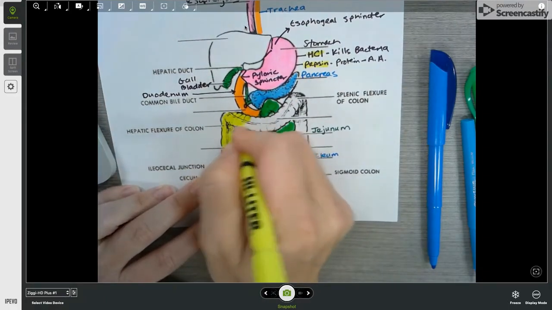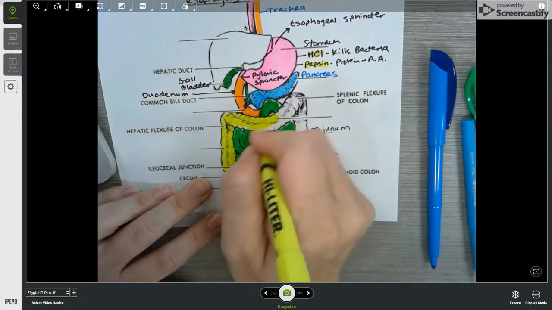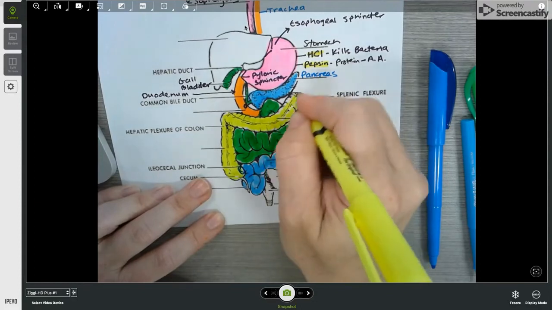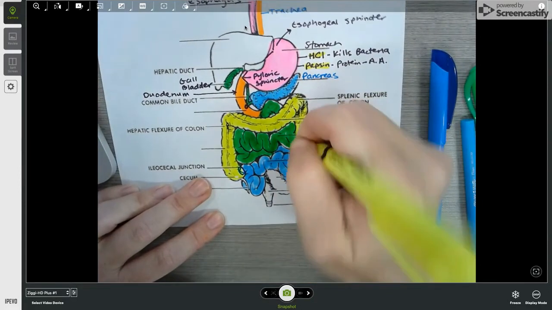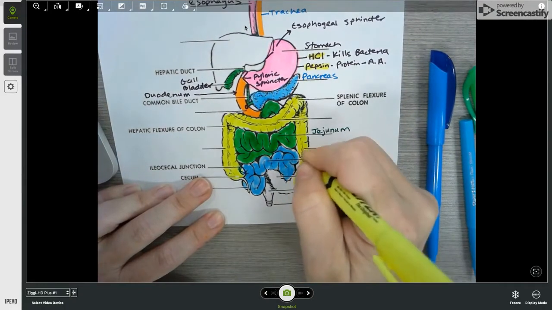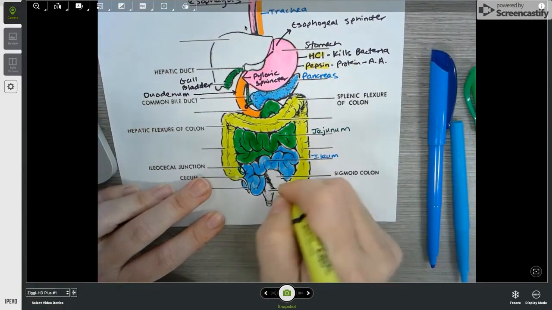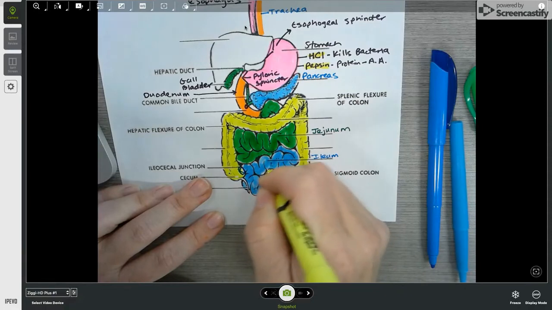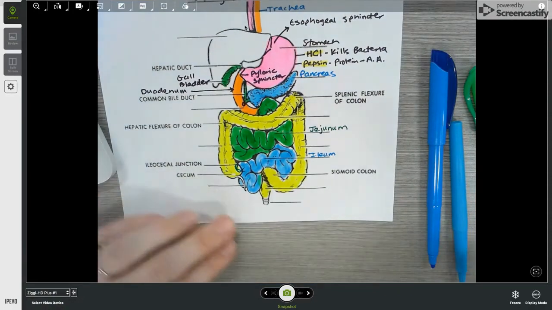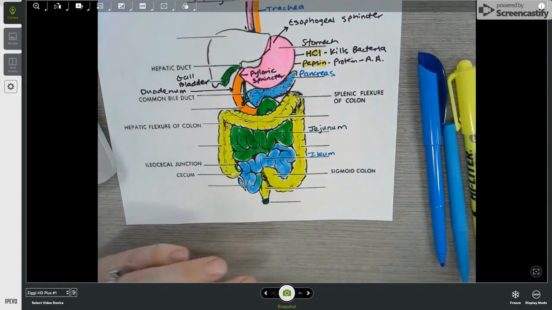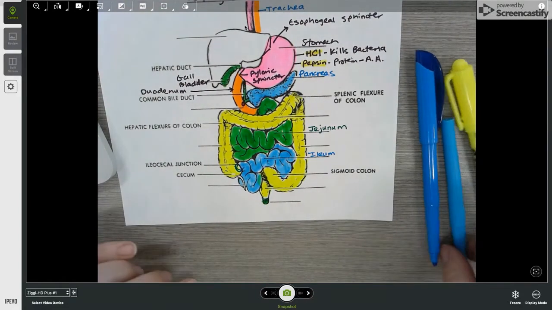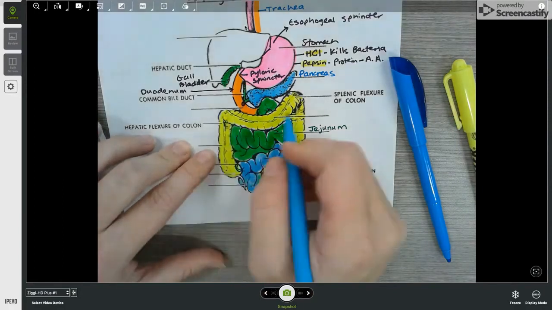The side-to-side movement right here. And ends in the rectum, and this final region down here is the anus, which is another sphincter. Okay, so there's 3 directions that the large intestine travels.